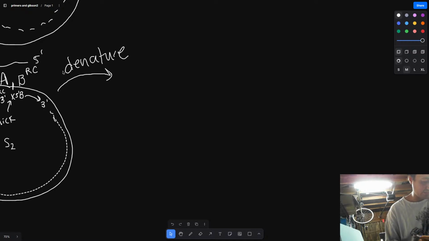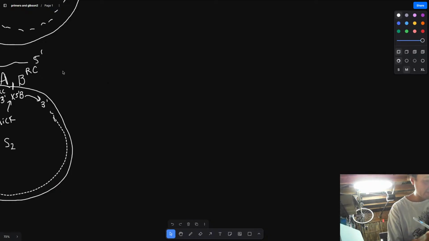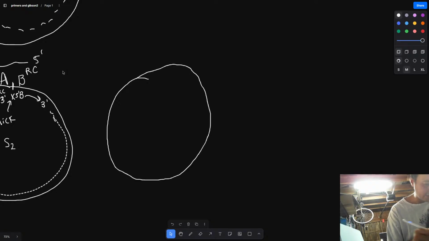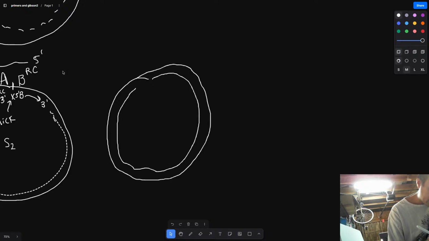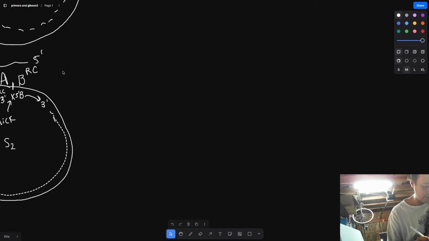So before denature, let's draw a simplified picture. And a simplified picture would look like this. Again, I'm ignoring topological issues. I wish they had a mode of the eraser that didn't just erase strokes.